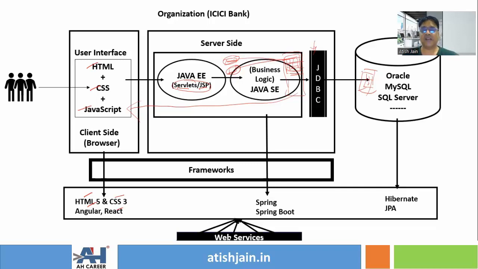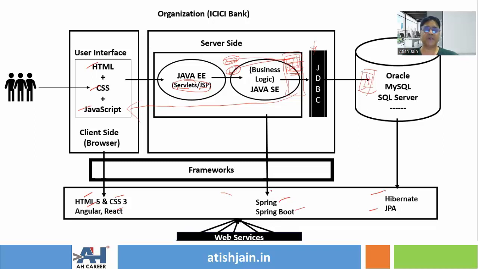So frameworks are nothing but ready-made reusable components in the industry, so that you need not perform some basic tasks. On the database side, we have Hibernate and JPA. These are the frameworks on the database side. And when it comes to servlets and JSP side, we have Spring Boot, microservices. There are so many frameworks in the market.